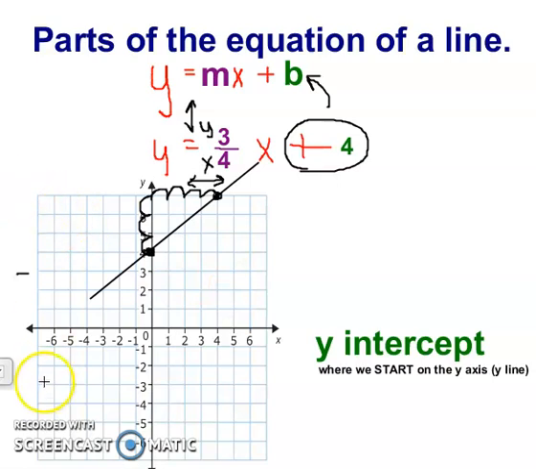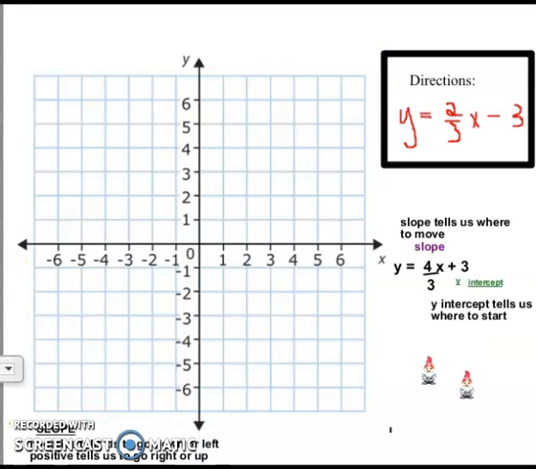Okay, so let's just review this again. We'll use a different equation. Okay, I have my equation of a line. My equation of a line is y equals mx plus b. I know that the m is my slope. So notice where the m is, it's before the x.